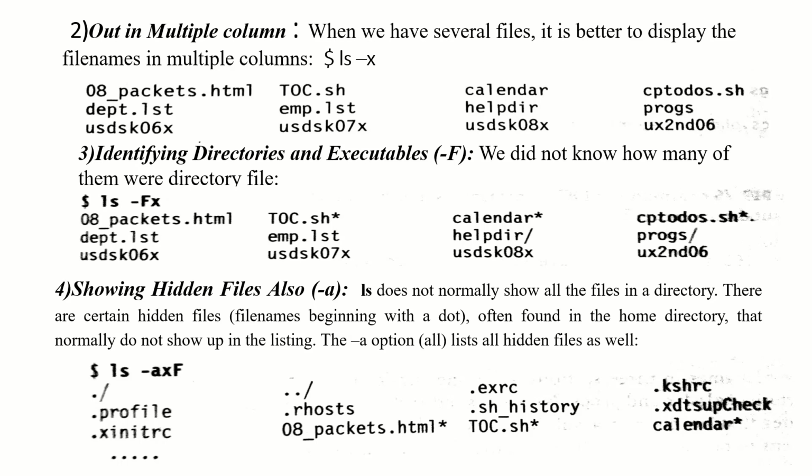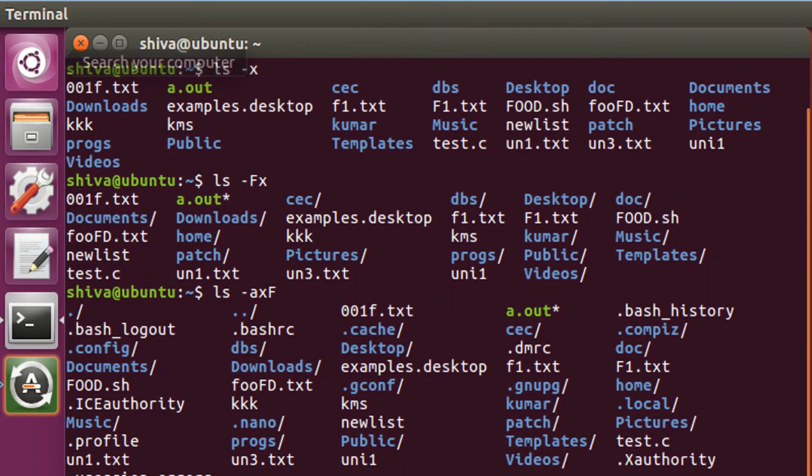The option -a lists all hidden files as well. Here in this slide it shows how the ls command executes with -x, and also with uppercase F and X, and the third example shows how ls executes with -axF.